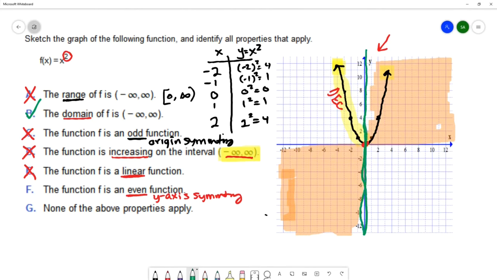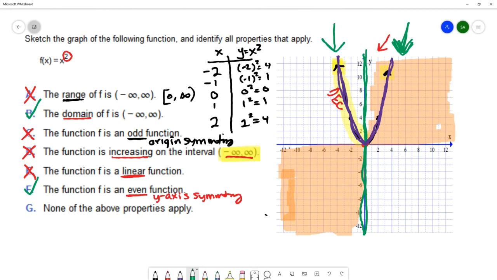So I'm looking for everything on the left to be a mirror of what you see on the right. And you do see that with this graph. You can see in quadrant 1 here, I have a mirror of that in quadrant 2. So this function does have y-axis symmetry, and we can call it an even function.